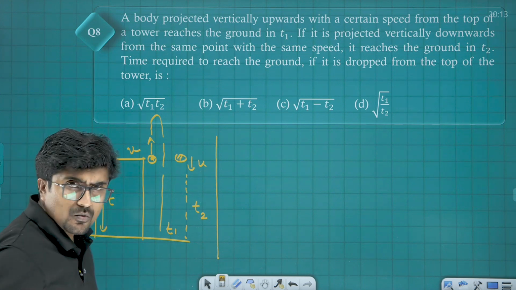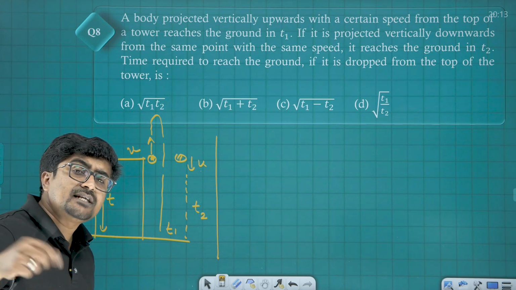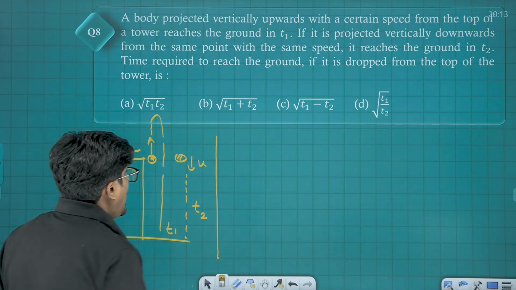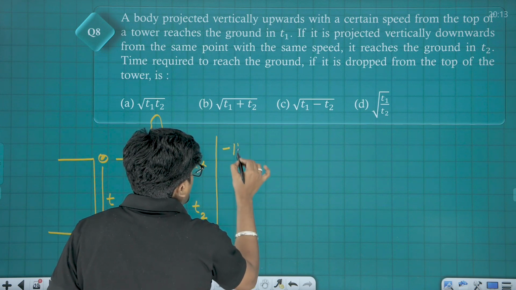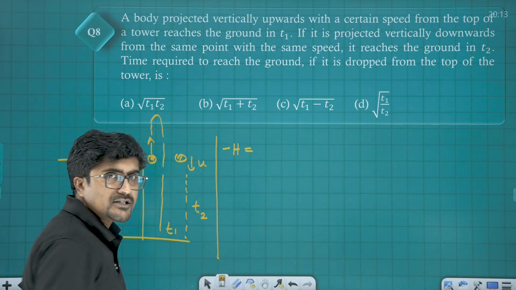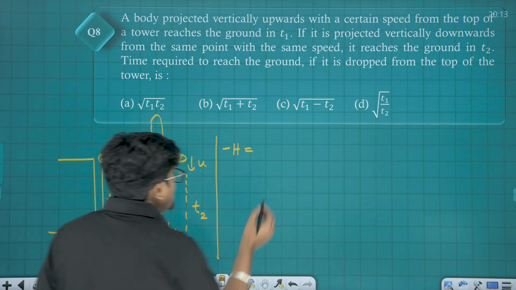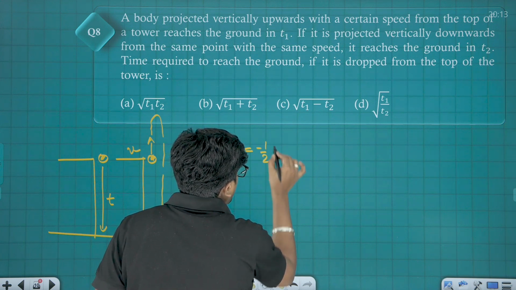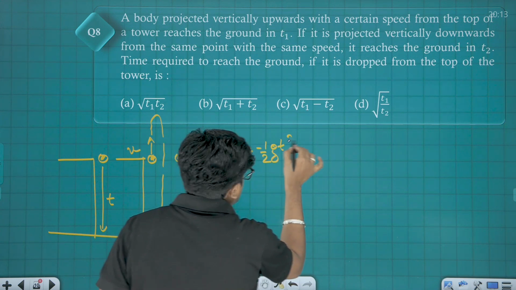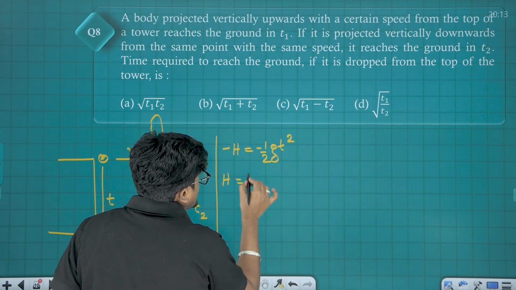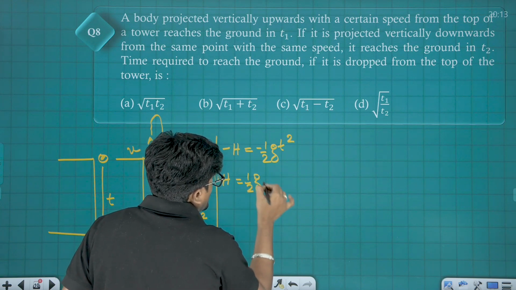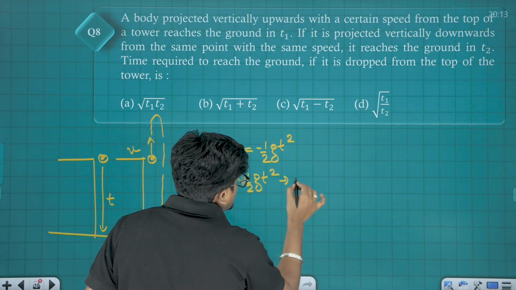Now have a look. If this is coming down, if I consider the equation s is equal to ut plus half at square, I can say that minus h, since displacement is in the downward direction, is minus half of g into t square. So I can say h is equal to half of g into t square. This is relation number 1.